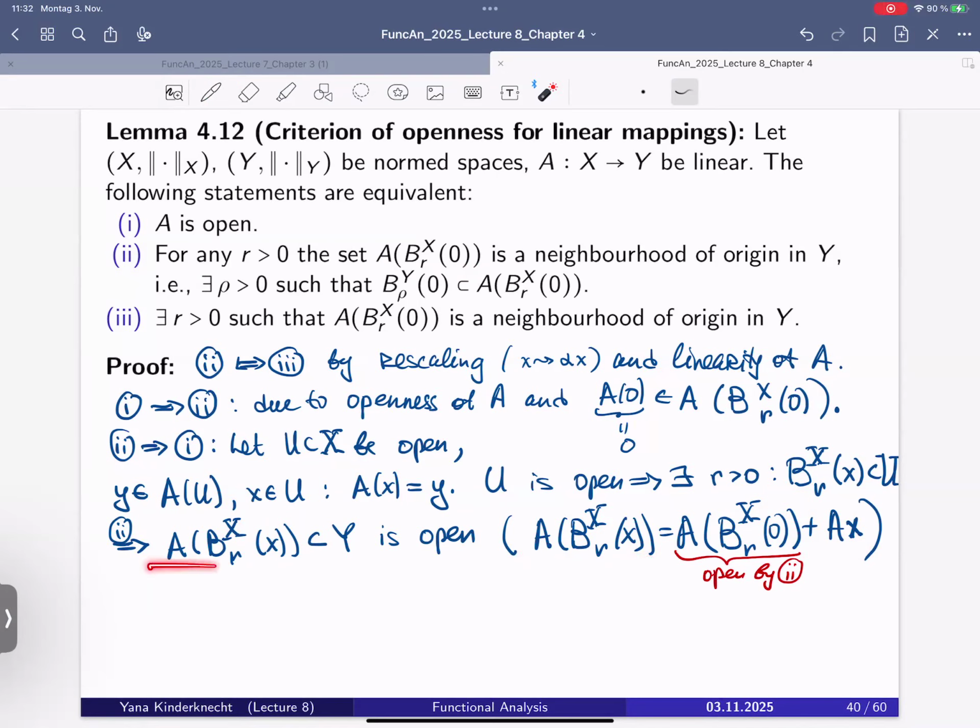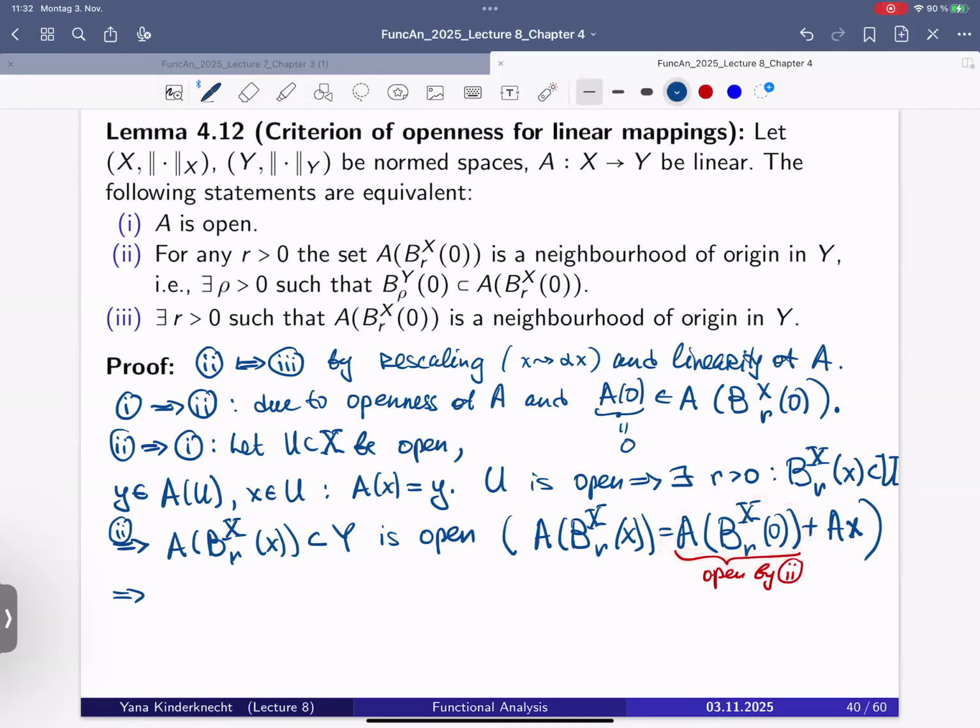But what does it mean that this guy is open? It means that there exists, so we know that this is open.